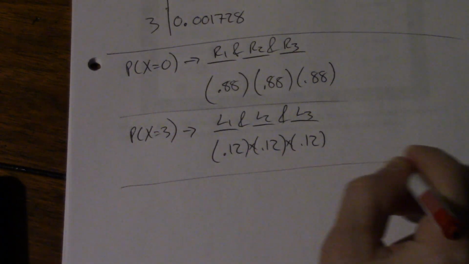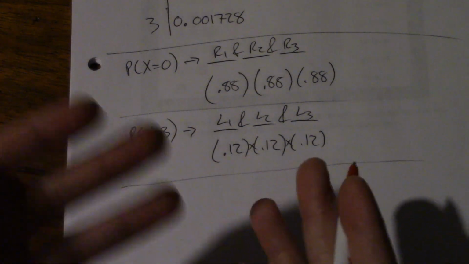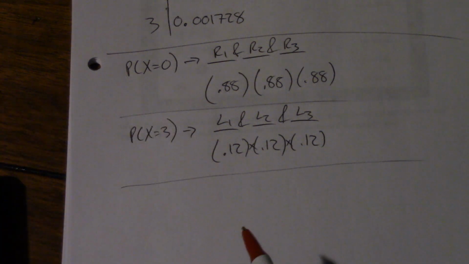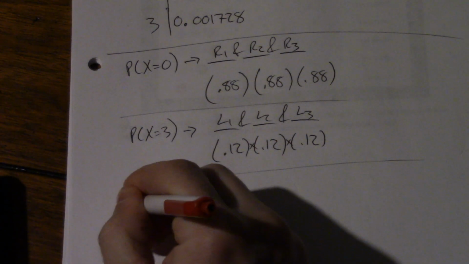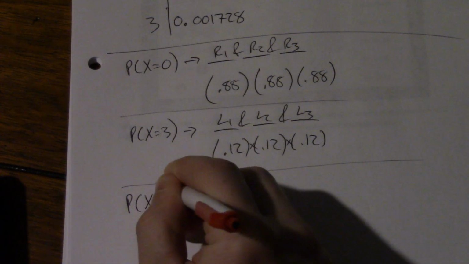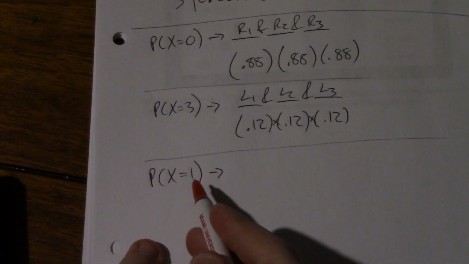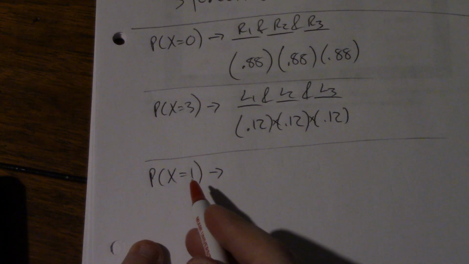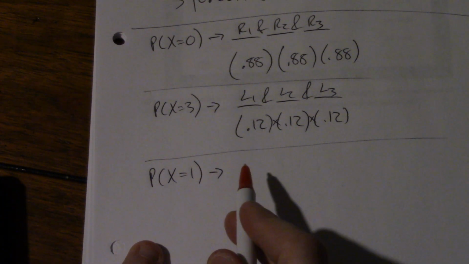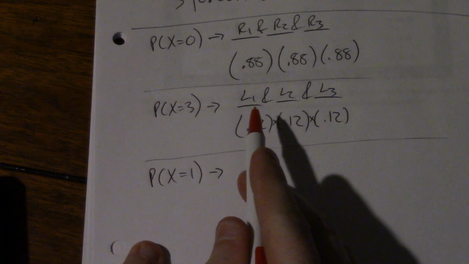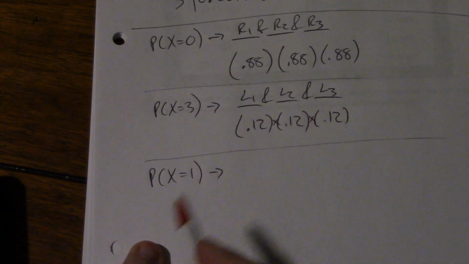Okay. So now as we move into the middle of the table, we remember, well, there's potentially different ways to see those different outcomes. So what if we are interested in the probability that x is 1? So this means one of our people is left-handed, so the other 2 are right-handed. So that one left-handed person could be first, he could be second, or it could be third.